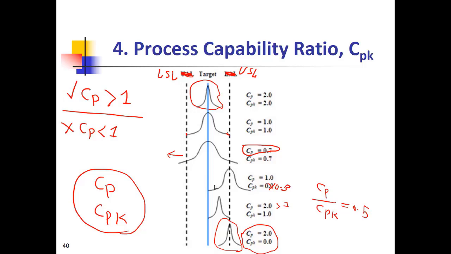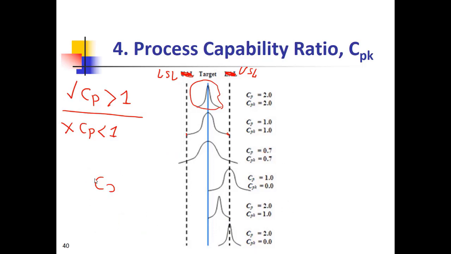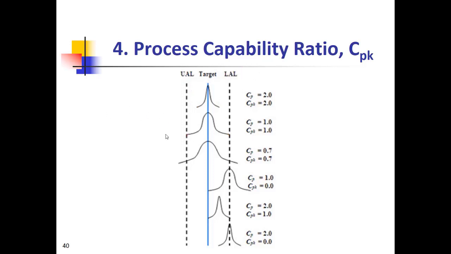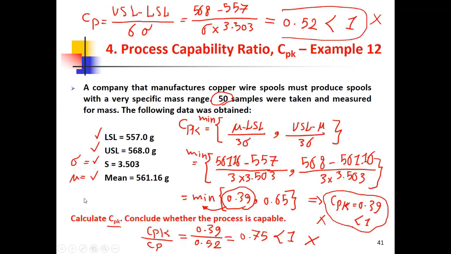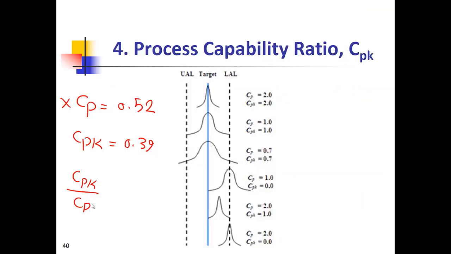Let me just clean this slide. So we are having this case. I can show you what case we have. We have CP 0.52, which is not capable, CPK 0.39, and the ratio between CPK and CP is 0.75.